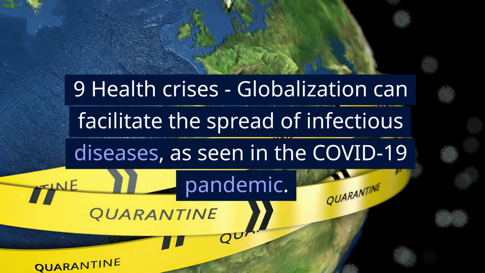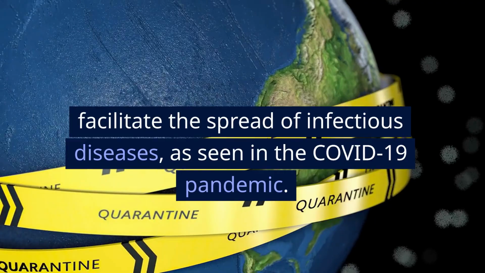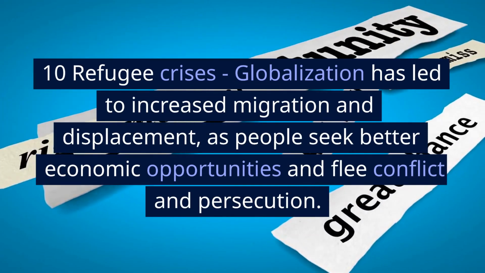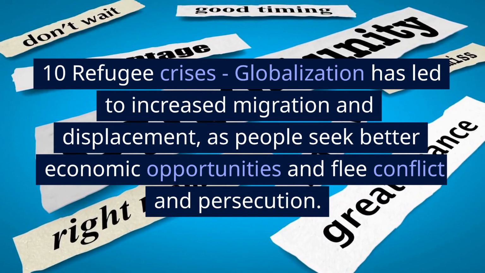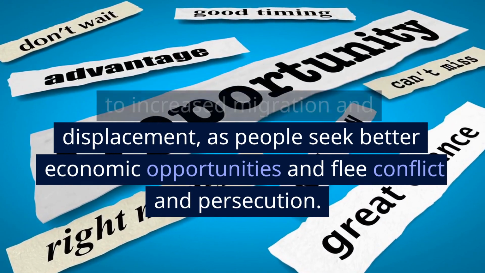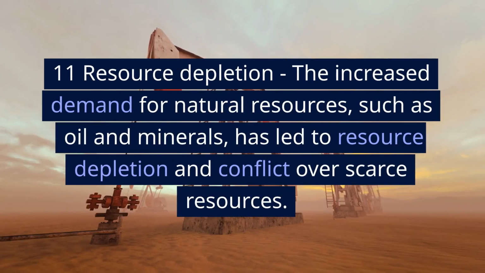9. Health crises. Globalization can facilitate the spread of infectious diseases, as seen in the COVID-19 pandemic. 10. Refugee crises. Globalization has led to increased migration and displacement, as people seek better economic opportunities and flee conflict and persecution. 11. Resource depletion.